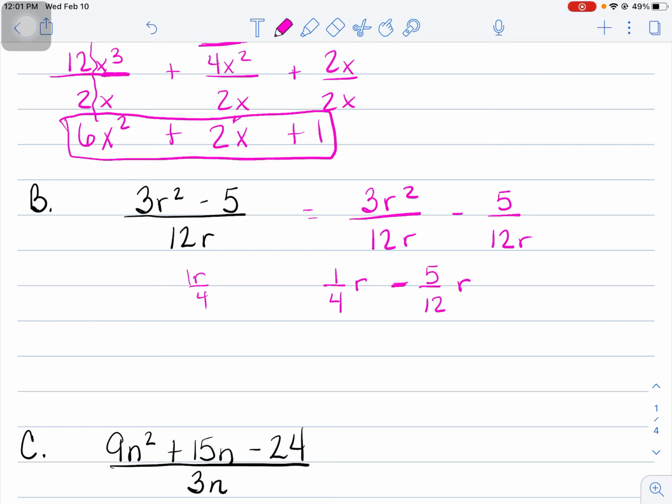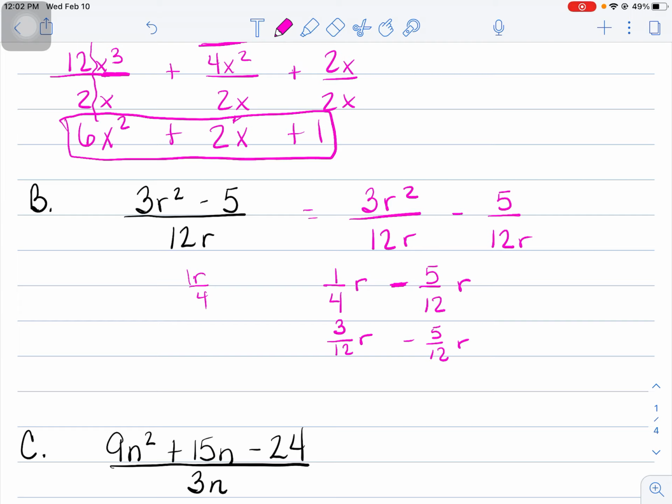These are two fractions, but when I'm subtracting or combining fractions, they have to have similar denominators. So I'm going to change both of them to have a denominator of 12. 4 can go into 12 3 times, so 1/4 is the same thing as 3/12 R. 5/12 already has a denominator of 12. So now I'm going to combine.